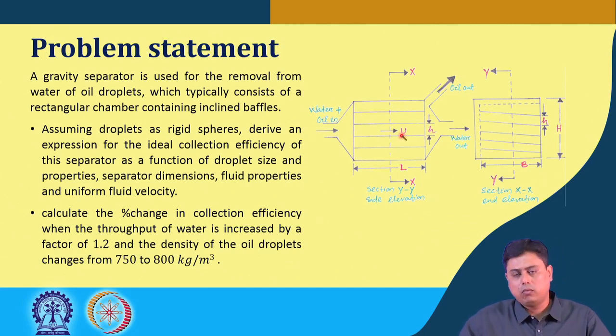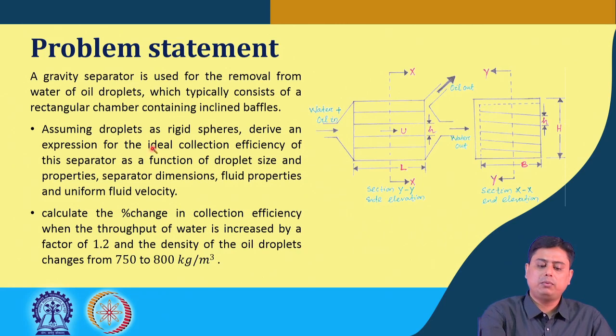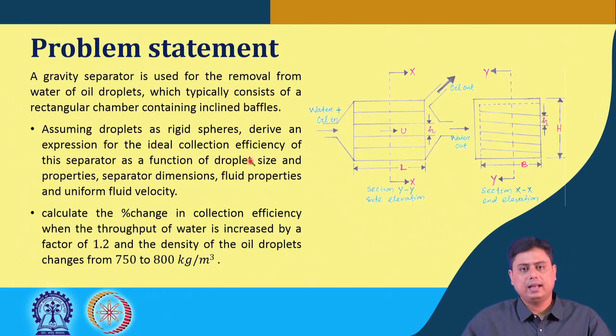If not, then what is the efficiency? Ideally it has to be 100% efficient, which does not happen, but here we have to look for the ideal collection efficiency, considering all ideal cases, although practical aspects can be different.